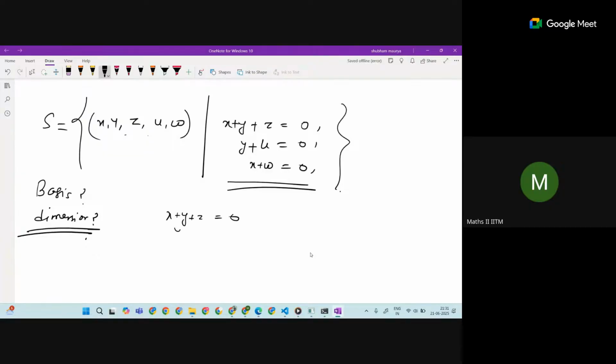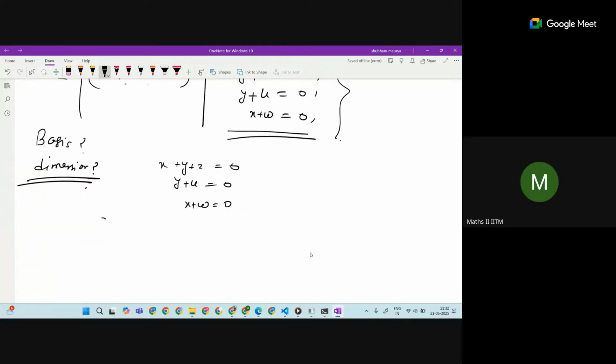y plus u is equal to 0 and x plus w is equal to 0. So here, this tells you what? It's already in a simplified way, so there's no need to write it in matrix form.